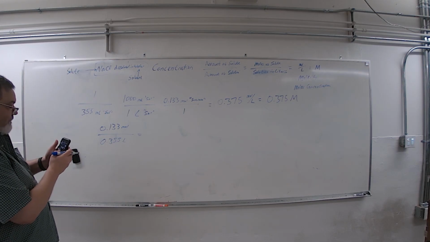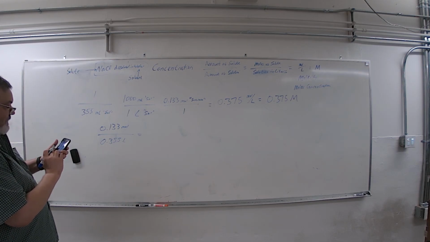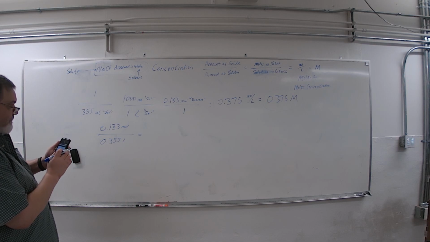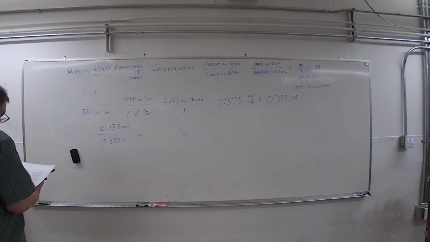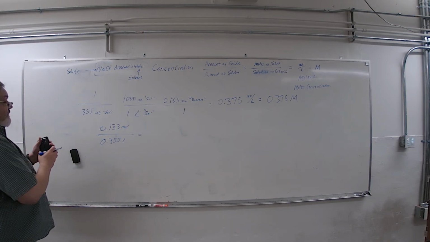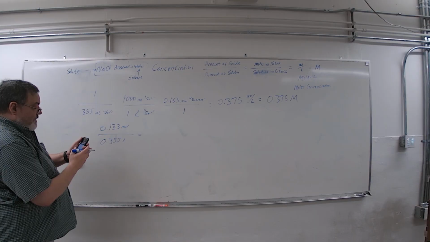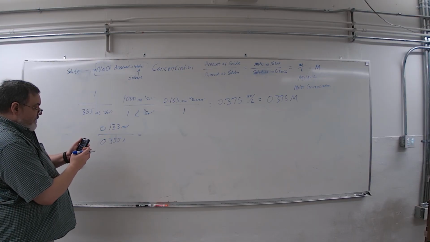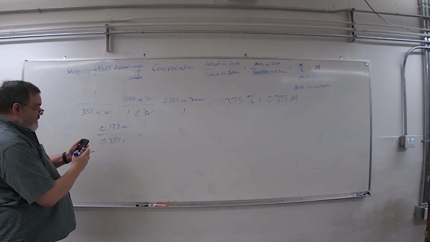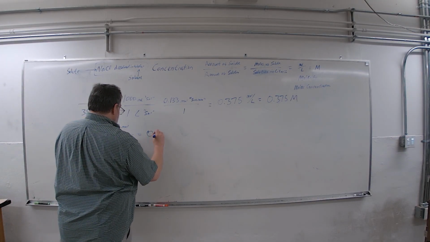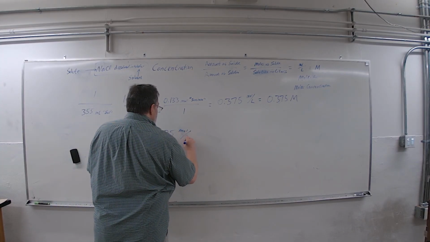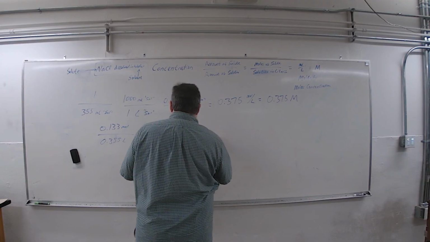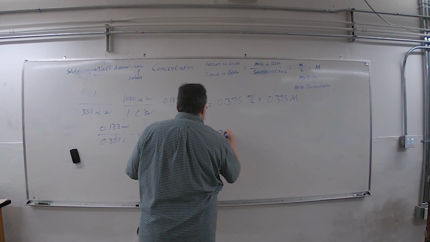Oh, no. Did I punch something wrong? Three five five. 133 divided by 355. Of course, it comes out the same.